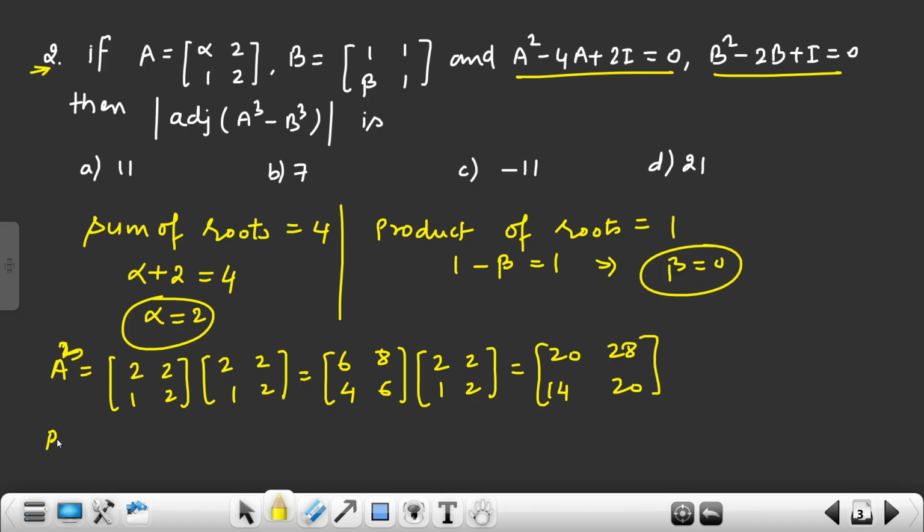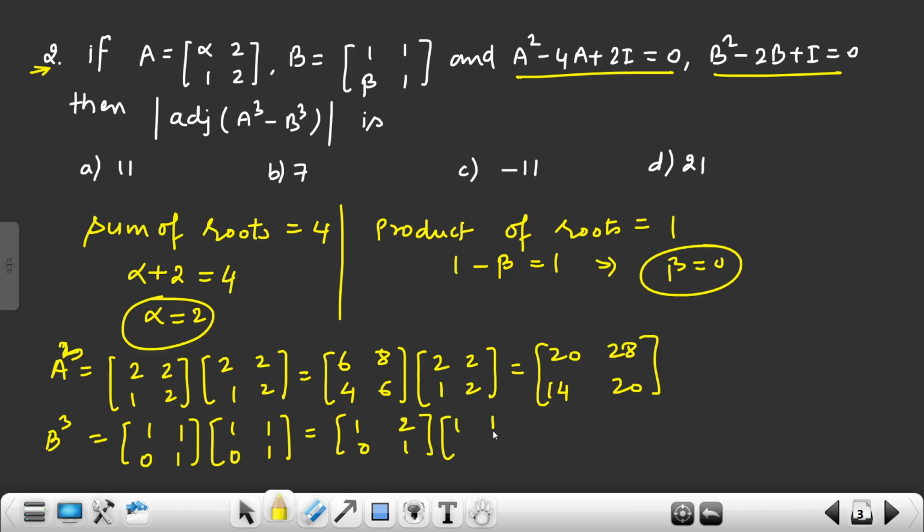Now similarly, B cube. B already, beta I got, 1, 1, 0, 1. So first let's find square. It is 1, 1 plus 1, 2. This is 0, 0. And this is 0, 1.